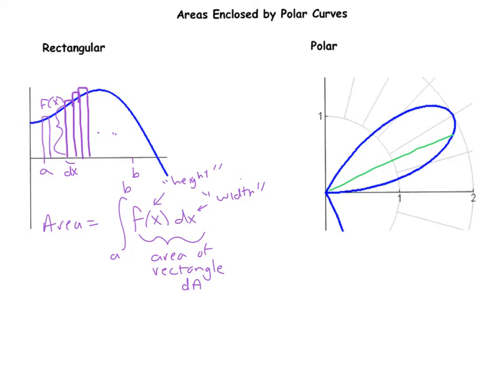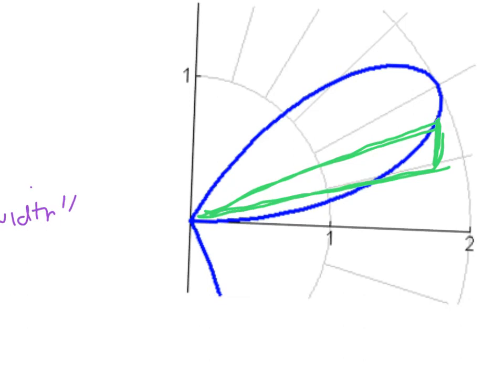So just as an example, it's a pretty crude one, but let's break this up into a bunch of sectors of a circle, and we'll call this a change in the angle d theta, right? And let's just say this is the r value.